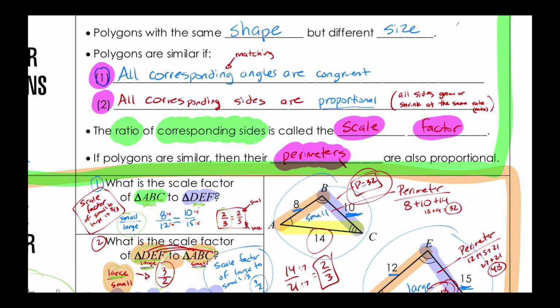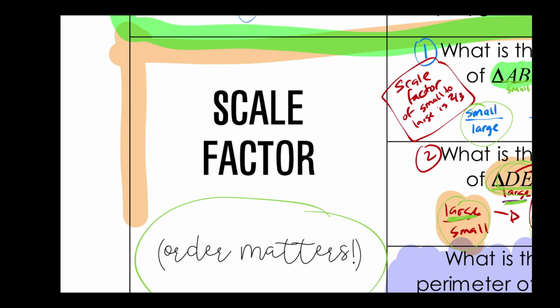Scale factor. I actually was going to buy this Michael Jordan model of his rookie year, and it's a 1 to 9 scale. It told me it's a 1 to 9 scale. It's not life size. If it was 1 to 1, that means it's life size. It's 1 to 9, meaning 9 is the large, 1 is the small.